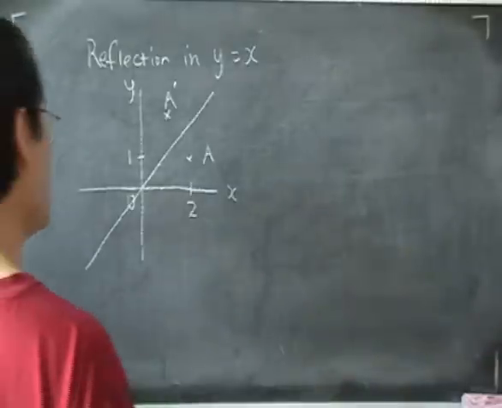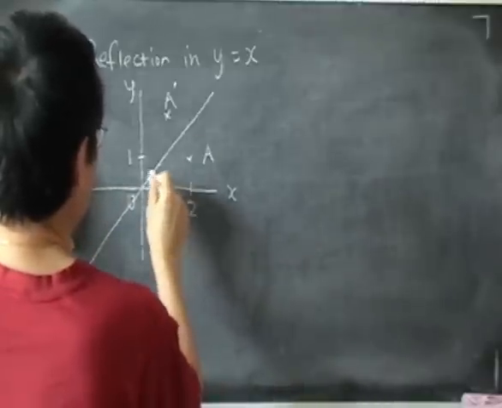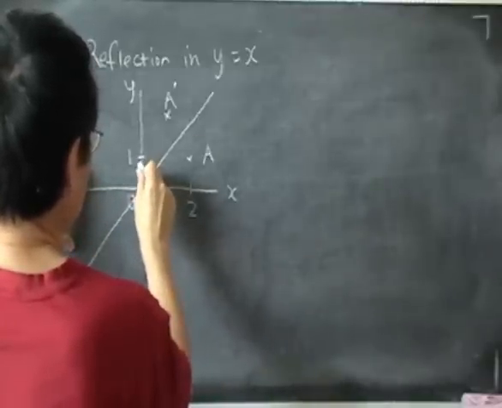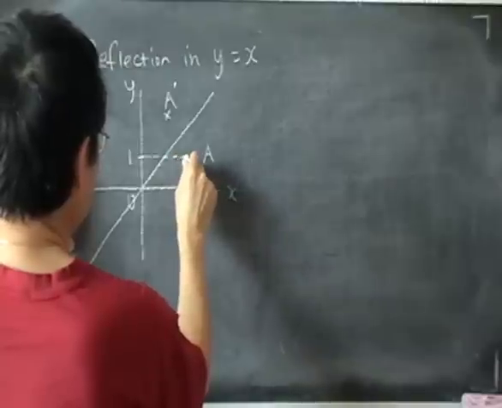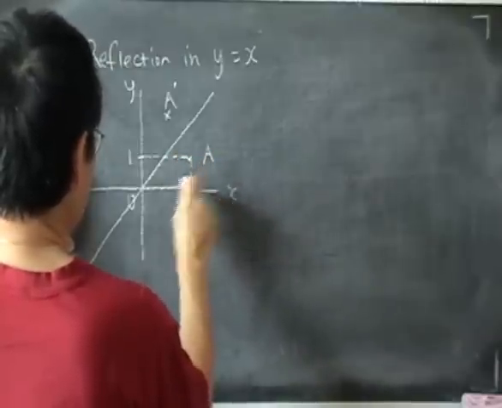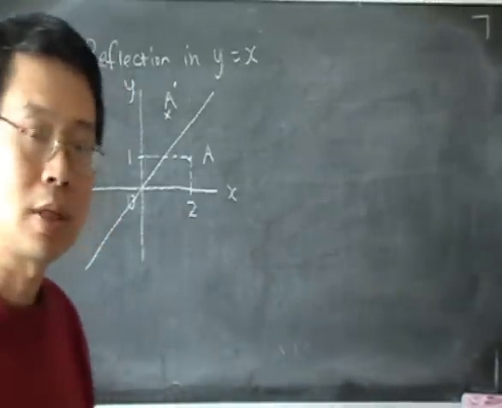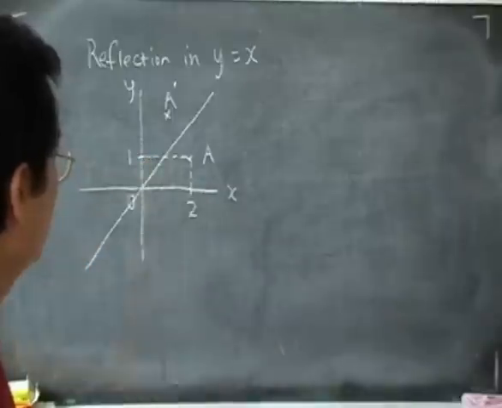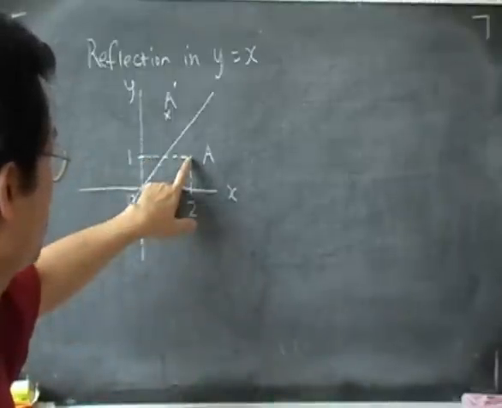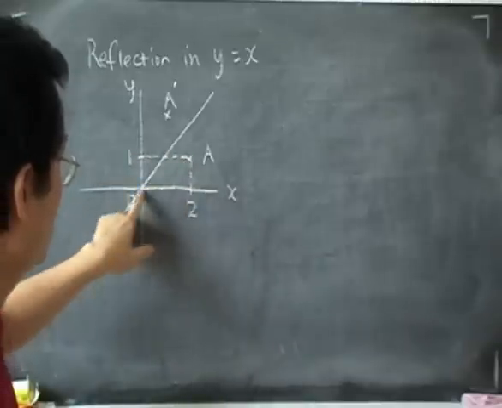Now the way to work this out using geometry is to imagine a rectangle. This rectangle that I can get by drawing these lines, right? Drawing vertical and horizontal lines from A to the axes.